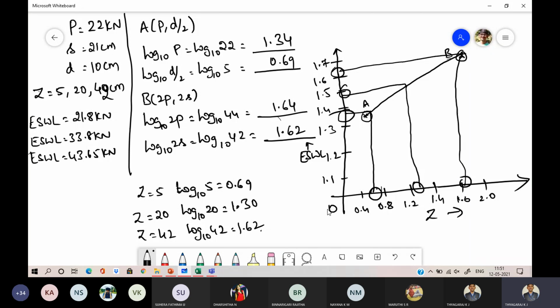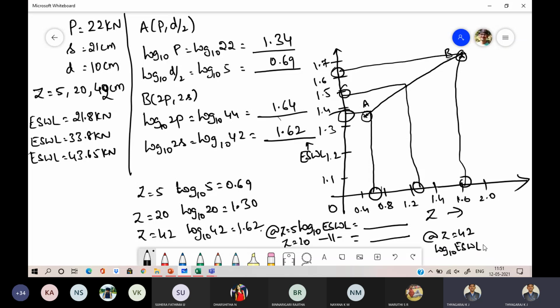So log 10 of ESWL is equal to so and so at Z is equal to 5, at Z is equal to 20, same value, at Z is equal to 42, log 10 ESWL value, calculate it and tell me.